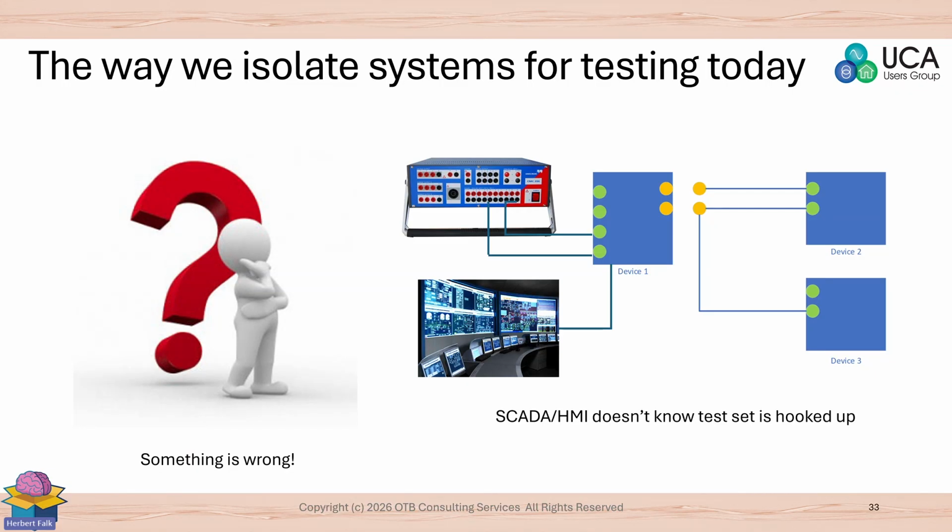But the HMI and SCADA doesn't know that the test set is hooked up. So an operator may make decisions based upon injected test data as opposed to real operational data.